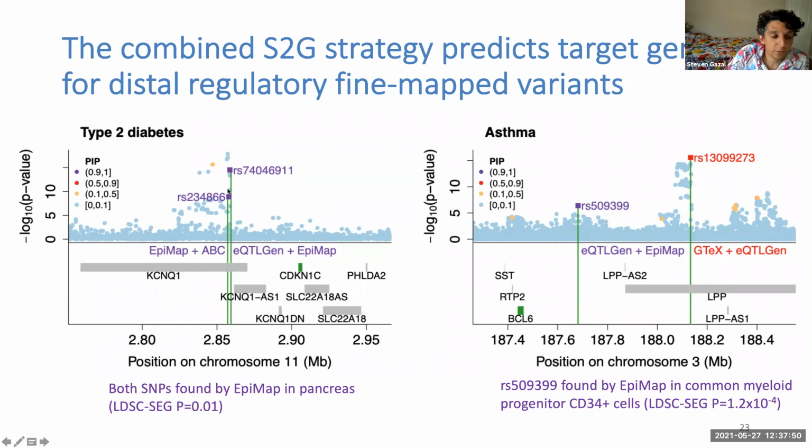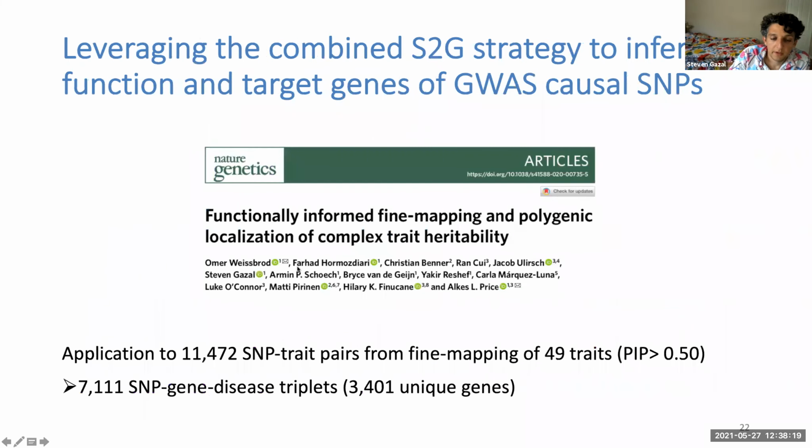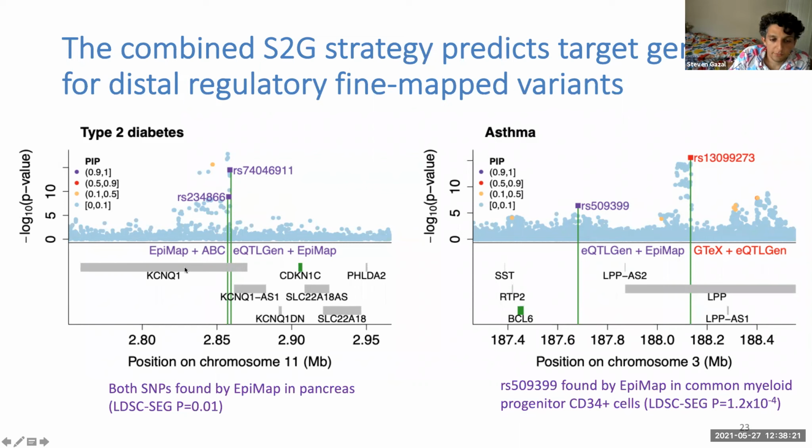What was really interesting to observe is that these two SNPs are both linked to the CDKN1C gene, which is not the gene where these two SNPs are. These two SNPs are also linked to this gene with two different SNP-to-gene strategies, providing even stronger evidence that this gene is the accurate target gene and not KCNQ1.